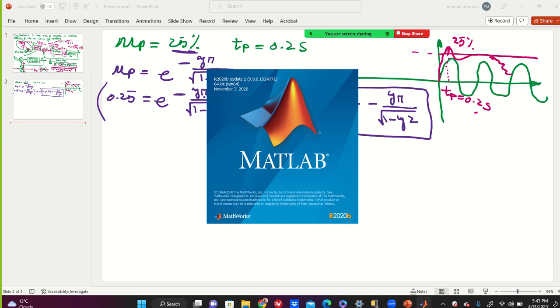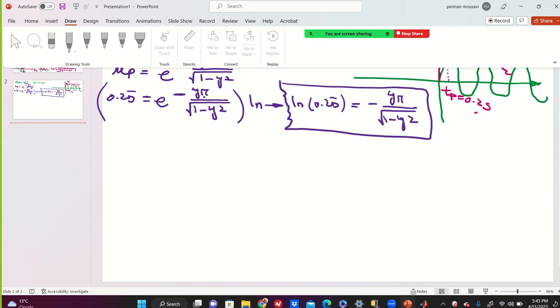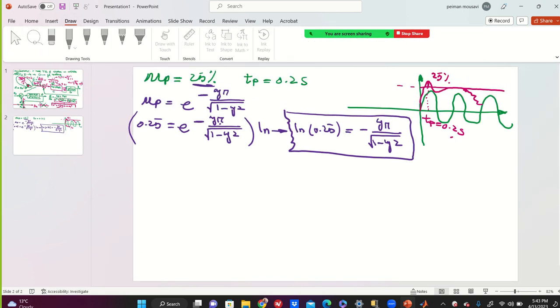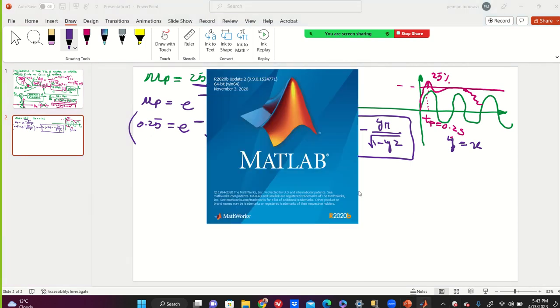I'm saying your variable to find zeta is x. Until MATLAB comes up, it's coming. I'm recording.